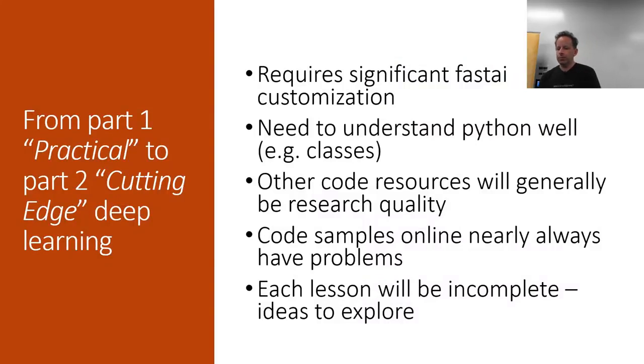Okay, so part one, which particularly had those five messages, really was all about introducing you to best practices in deep learning. It's trying to show you techniques which were mature enough that they definitely work reasonably reliably for practical real-world problems.